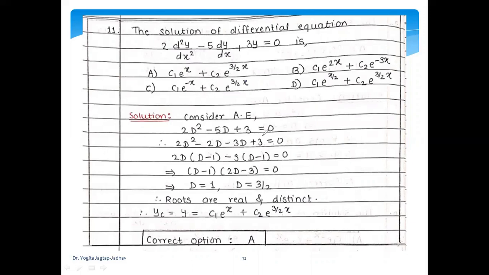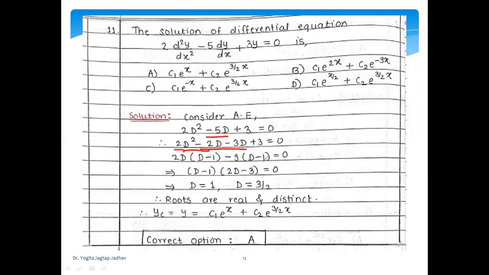In order to obtain the factors for the given quadratic equation, I split the middle term -5D as -2D - 3D. By taking 2D common from the first two terms, we get 2D times (D - 1). Minus 3 is taken common from the last two terms. Therefore, here we get -3 times (D - 1) = 0.